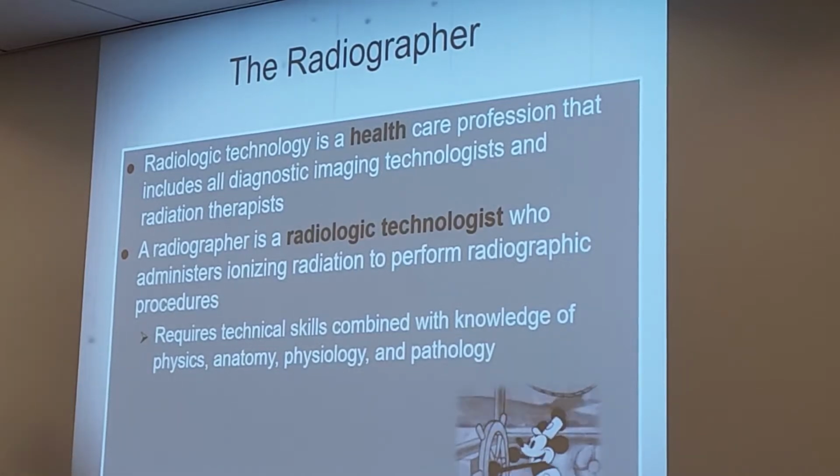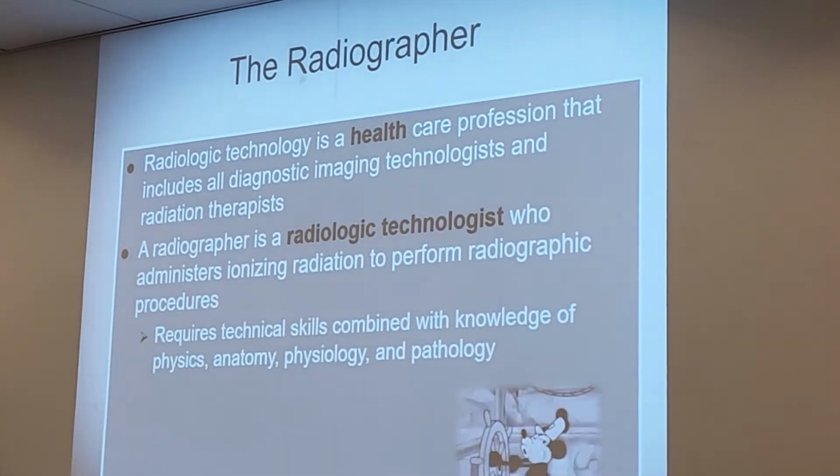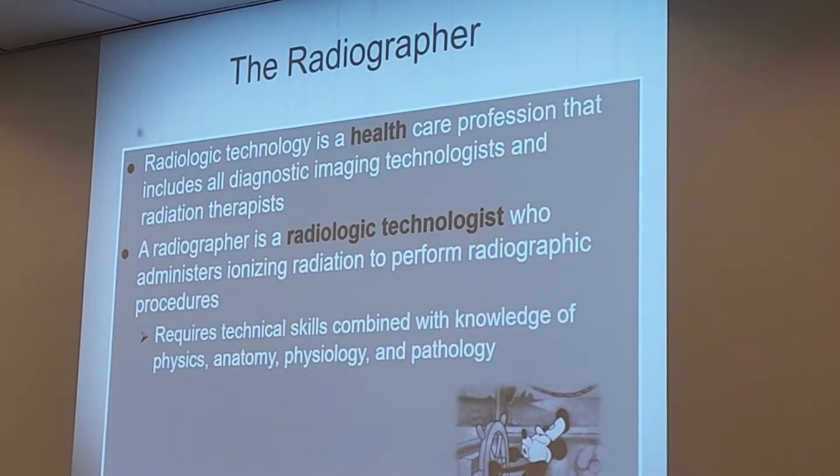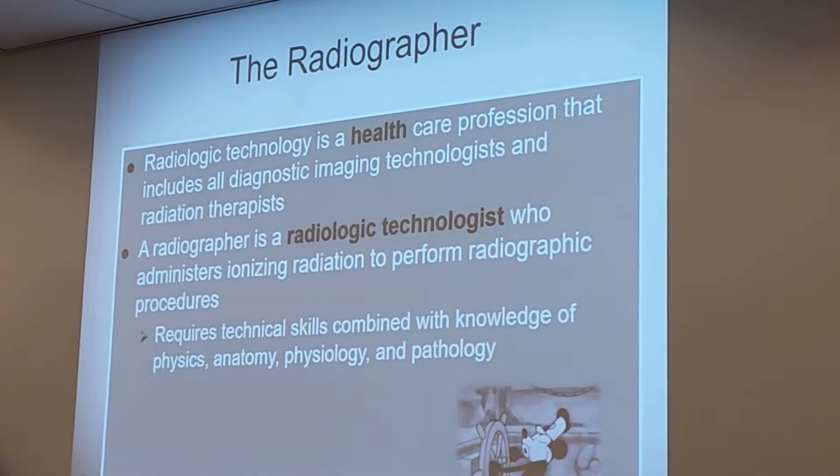So we use ionizing radiation, hence the radiologic course, to perform radiographic procedures. Ionizing radiation basically refers to a type of energy with enough power to remove electrons from atoms inside your body.